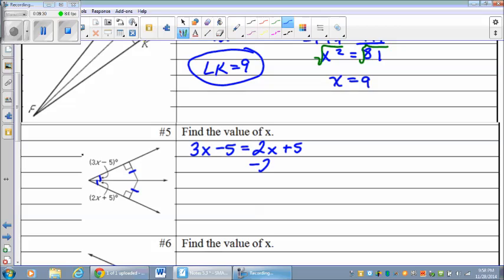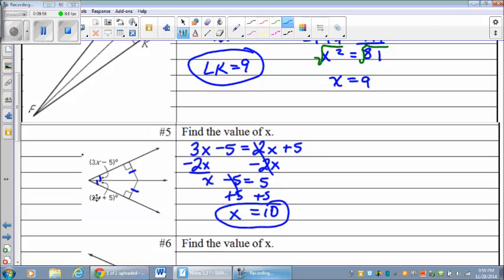If I subtract the 2x from each side, I'll have x minus 5 is equal to 5, because these cancel out. When I add 5 to the other side, those cancel out, and x is equal to 10. And that solves my problem.